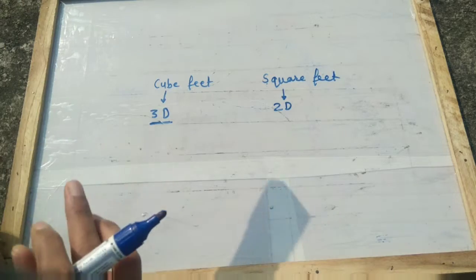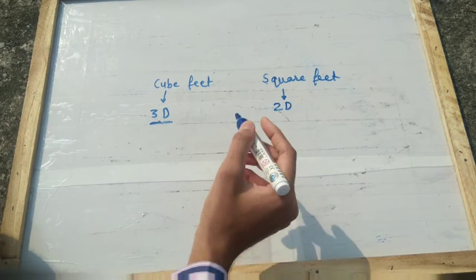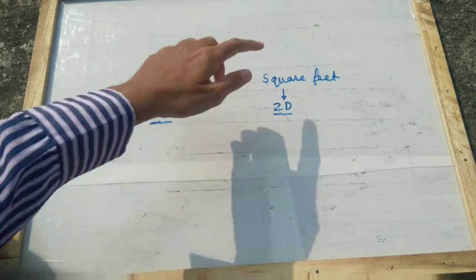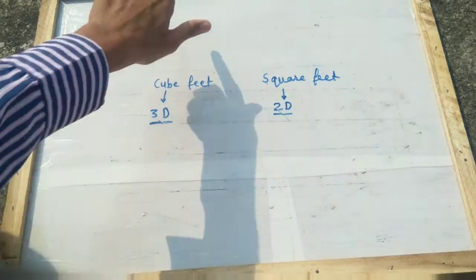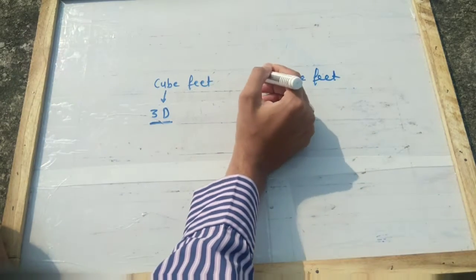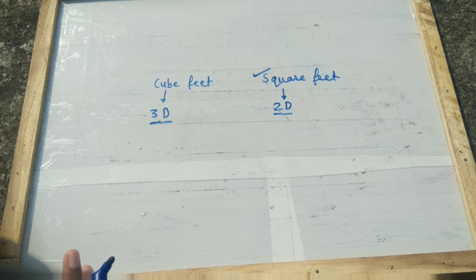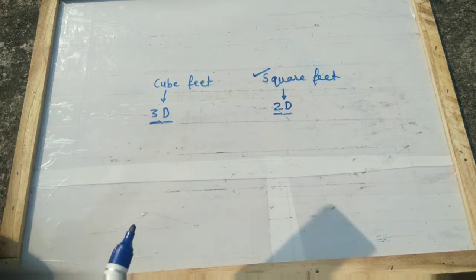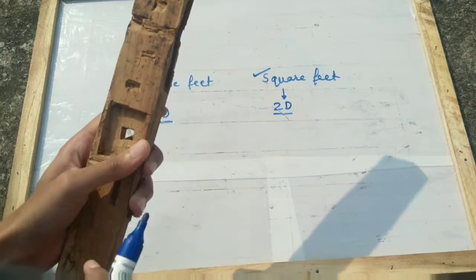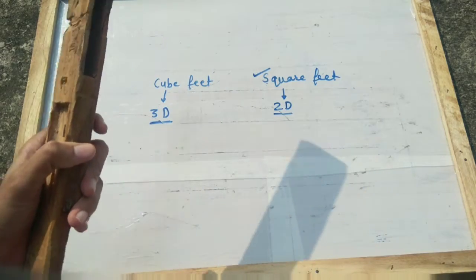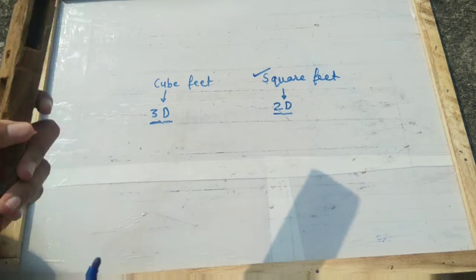The 3 dimension and 2 dimension are both important. If we need to paint only this surface, then we use square feet. If we calculate the size of this whole wood, then we need to calculate the 3 dimension, that is volume.